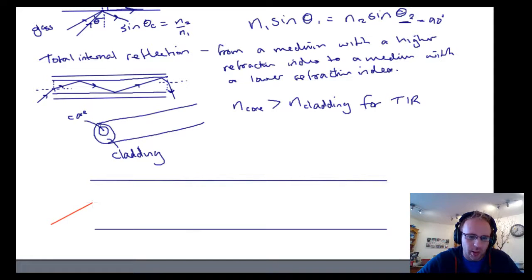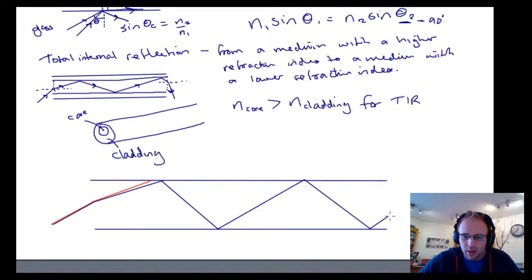So my red light bends less, and my blue light coming in at the same place bends more, and they then bend away from the normal.